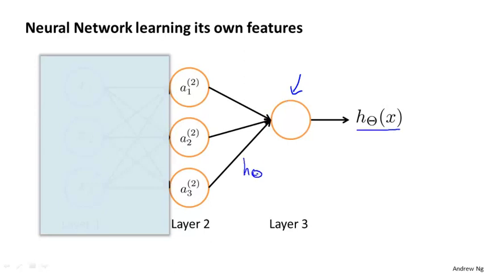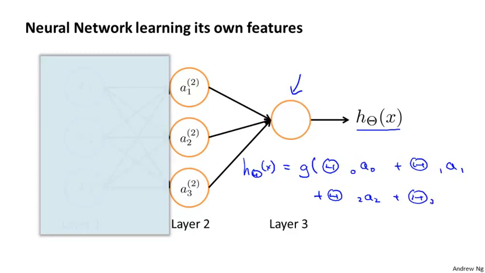Concretely, what the hypothesis is outputting is h of x equal to g, my sigmoid activation function, times theta 0 times a0, which is equal to 1, plus theta 1 times a1, plus theta 2 times a2 plus theta 3 times a3, where the values a1, a2, a3 are those given by these three hidden units.